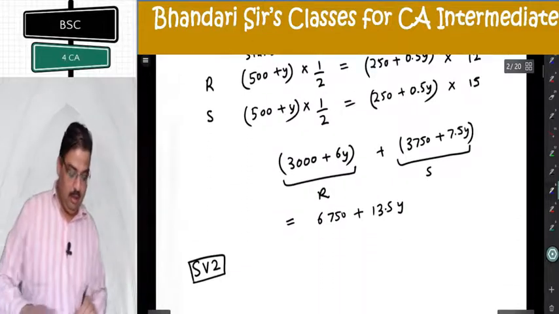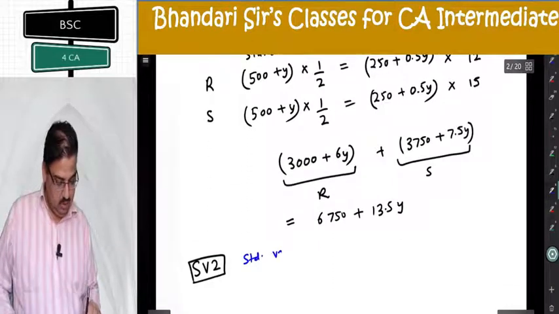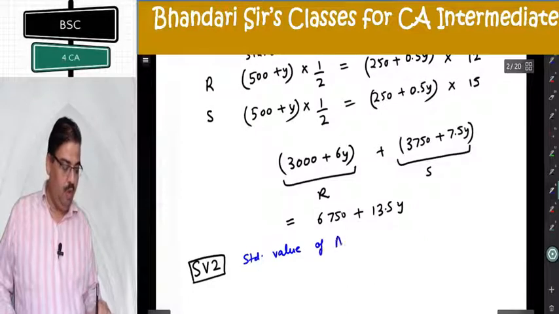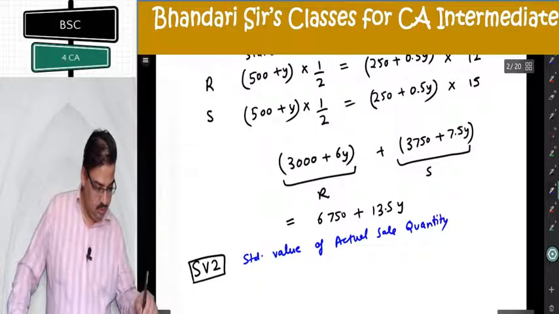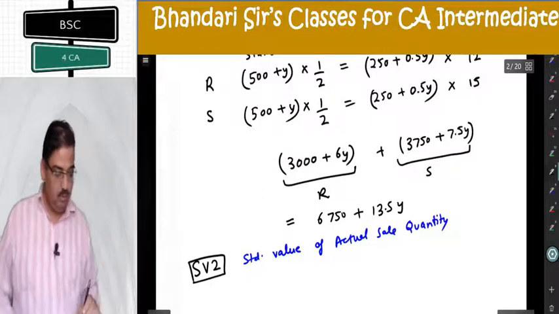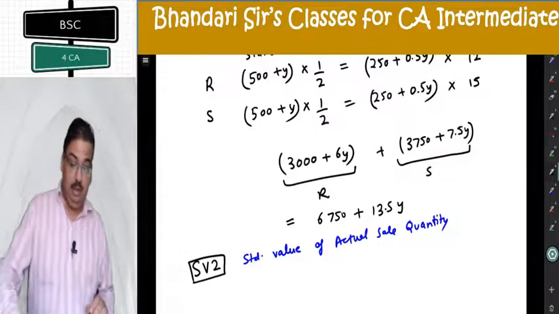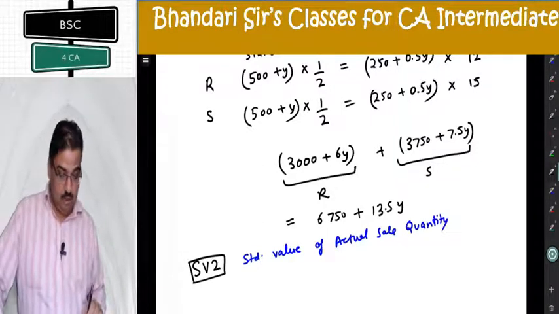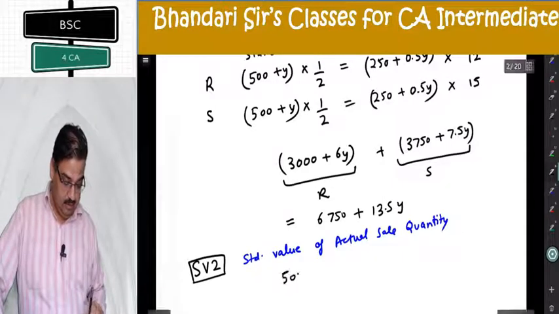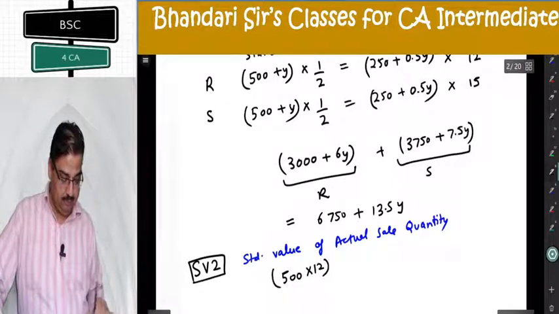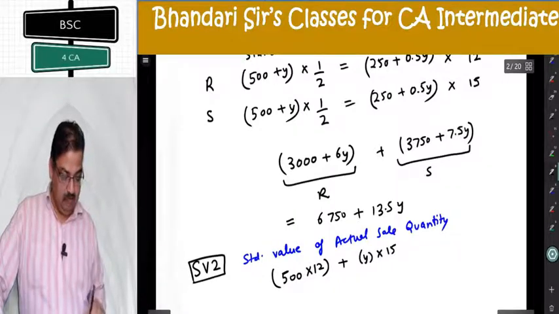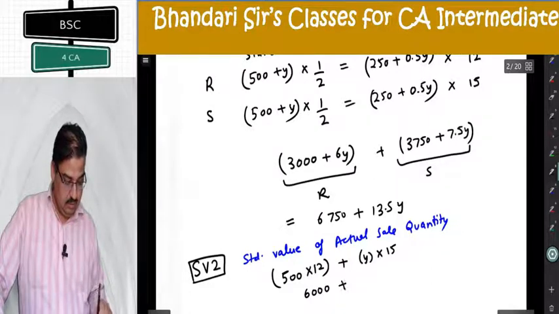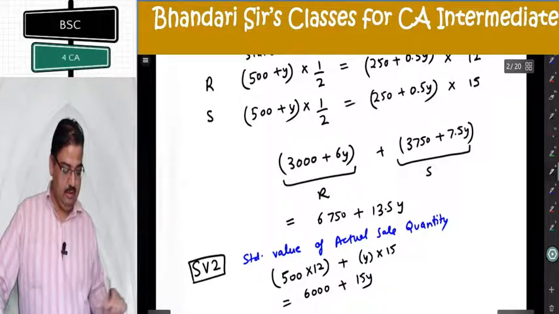And in SV2 I will be writing standard value of actual sale quantity. So this is there for product R. Actual sale quantity 500 multiplied by 12 plus Y multiplied by 15. 6000 plus 15Y is this SV2.